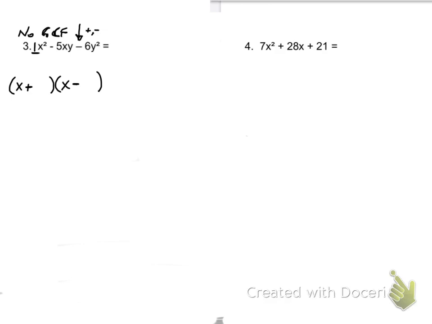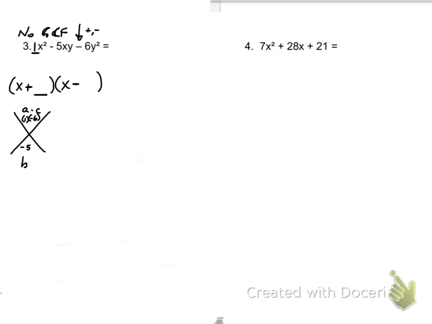Now, if you want to, you can think of it in your mind, or we can go ahead and write our x. And if you take time to do that, remember what goes in here is your a times your c. And in this case, a is 1 and c is -6. That's your first term and your last term, just the numbers. And what goes in here is b, which in this case is -5. And then you need to find your 2 numbers.